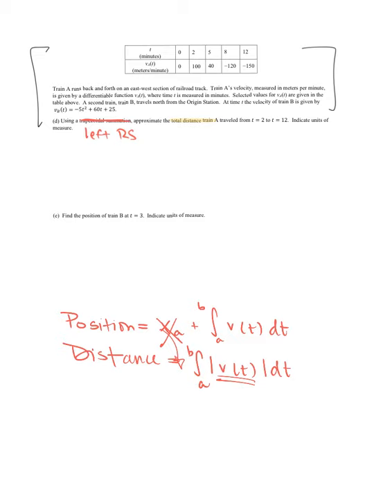Okay, so let's go ahead and do this. So we're going to be saying that our distance is equal to the integral from 2 to 12 of the absolute value of v of a of t, dt.